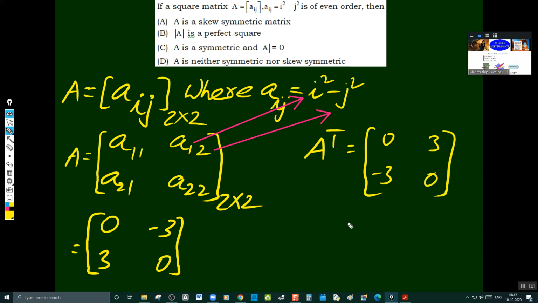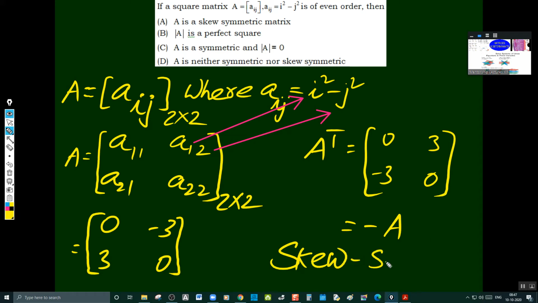It is clear that this becomes minus A. So A transpose equal to A is a symmetric matrix, and A transpose equal to minus A is a skew symmetric matrix. These are to be remembered. So it is confirmed that A is a skew symmetric matrix, and hence option A is correct.